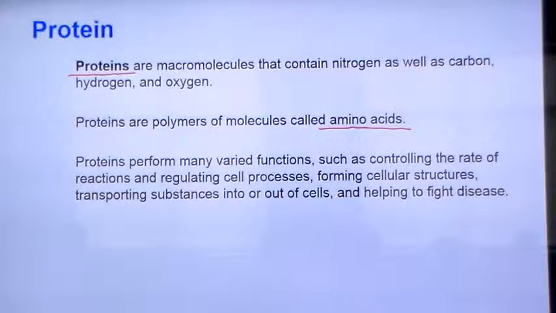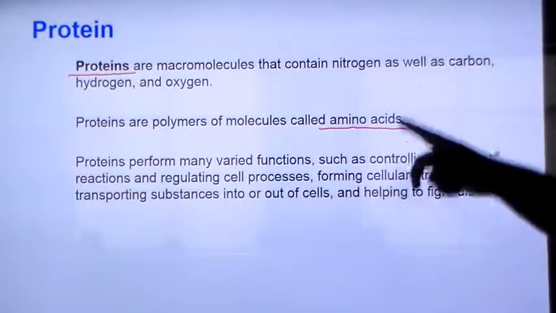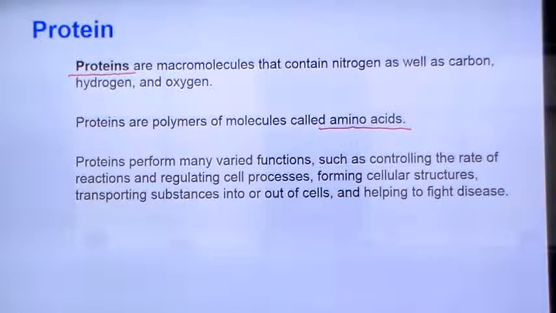Fingernails, toenails, hair are all made of protein, muscle made of protein, all those things that help structurally. What is amino acids again? It's the building block of protein. It's the monomer.